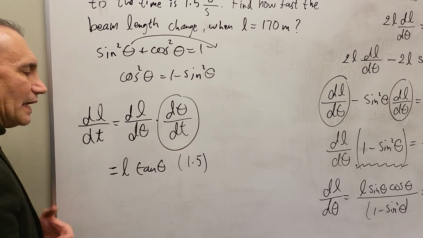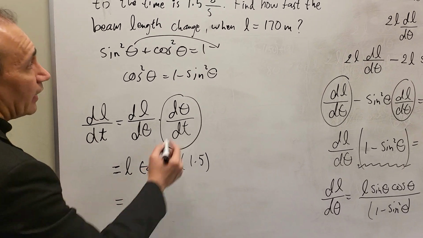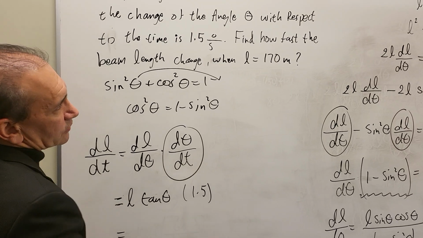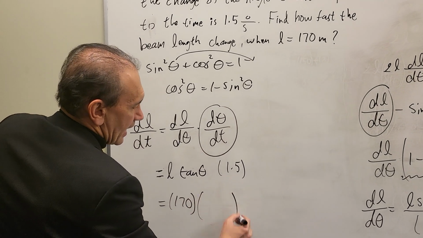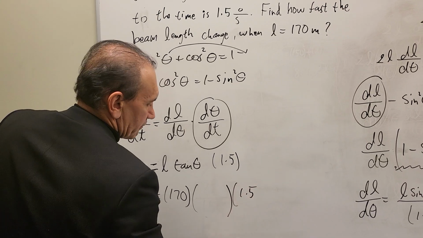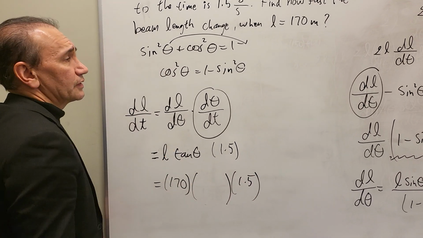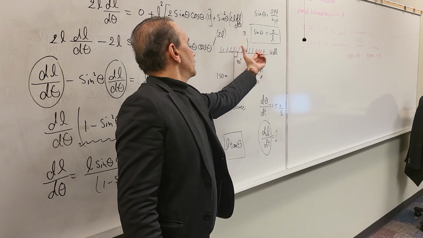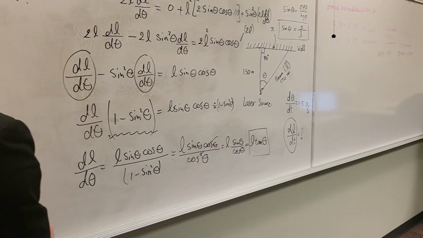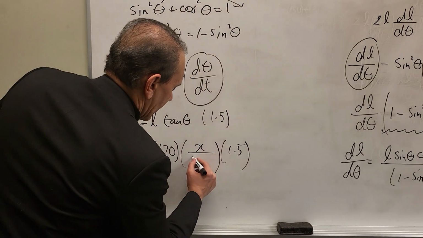So now I need to replace all of these things. The L, as the question asks for, is 170. I'm going to substitute 170, and this is 1.5. The tangent of the angle theta is the opposite over adjacent, so I'm going to put x over 150.